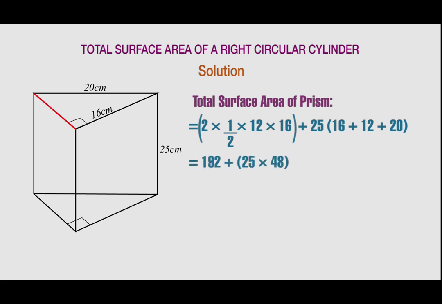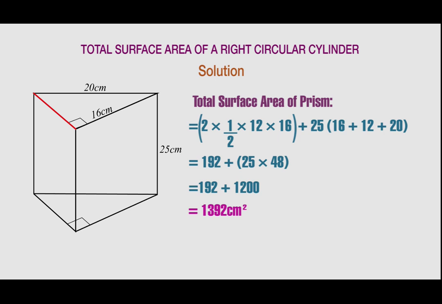Simplifying that, we have 192 plus 25 times 48. And that will give us 192 plus 1,200. And finally, you will have 1,392 centimeters squared. That was very, very simple.